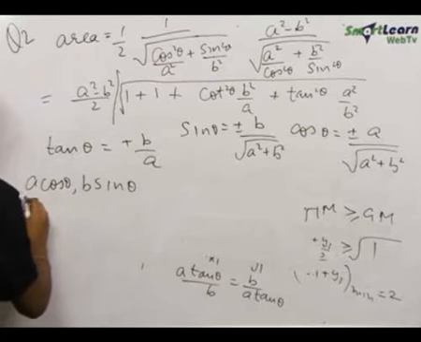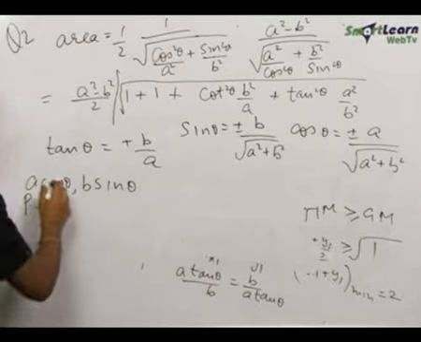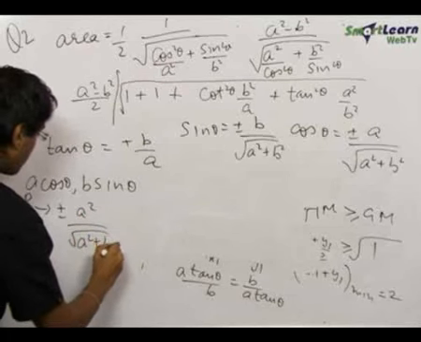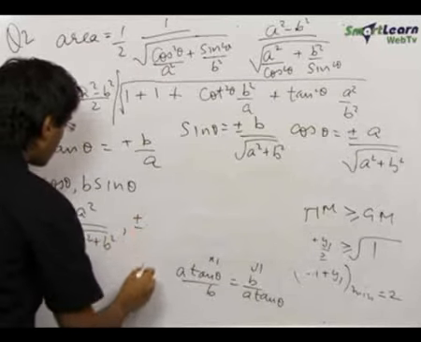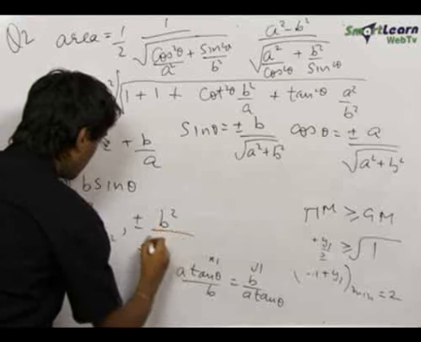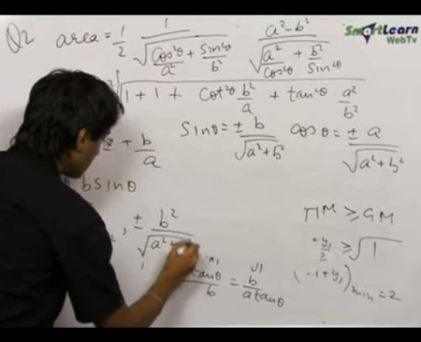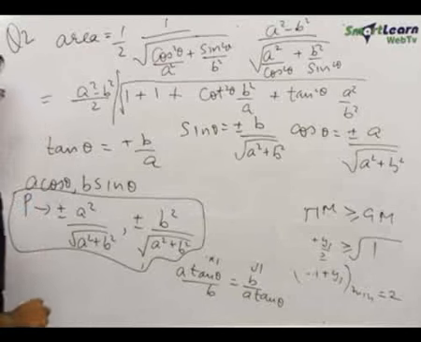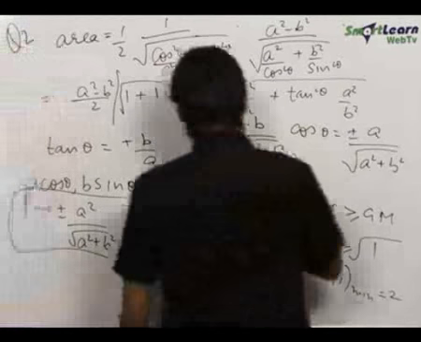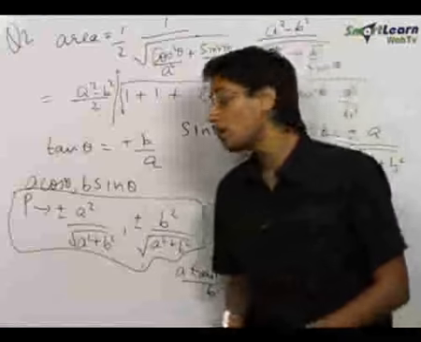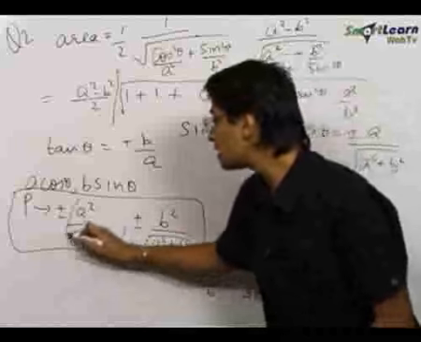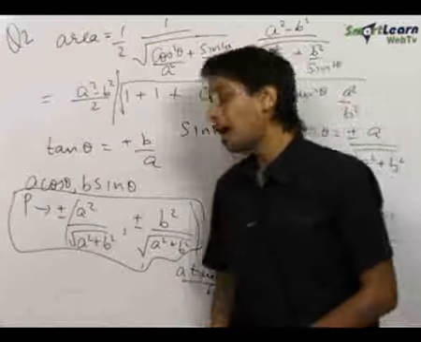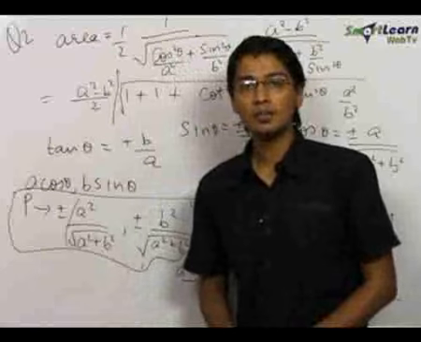Hence our point P is (plus minus a square upon under root of a square plus b square, plus minus b square upon under root of a square plus b square), and this is our final answer.